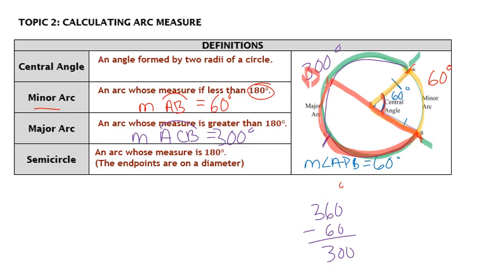A semicircle is 180 degrees. So typically we name a semicircle with 3 letters. It's sometimes named with 2 letters, but basically if it's formed with the diameter, it's going to be 180 degrees. So a semicircle is going to be 180 degrees.